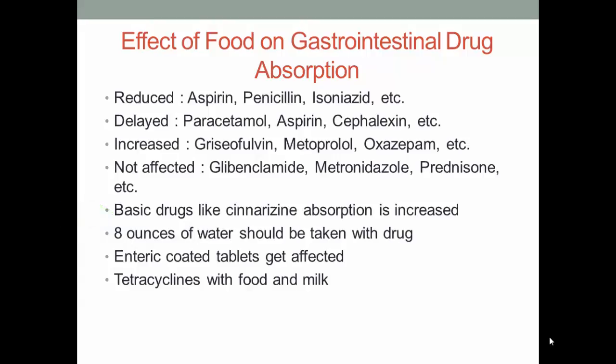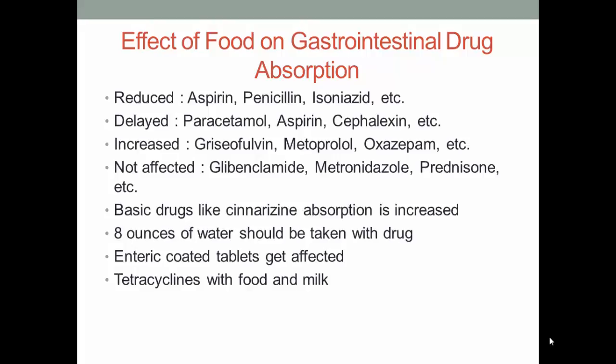As I've said, this drug dissolution is very important, and it is always better to take the drug after a meal, not on an empty stomach, so that the drug is properly absorbed.